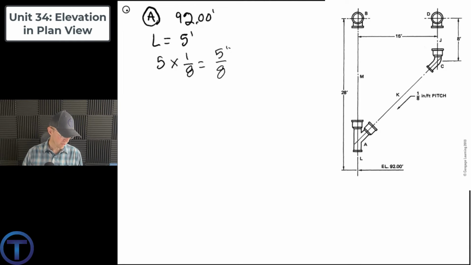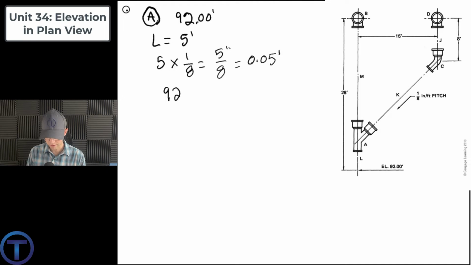Now let's follow the book's method and just say that basically for every 1/8 of an inch, that's going to equal 0.01, but we have 5 of those. When we convert that into decimal feet, we've got 5, basically 0.05 decimal parts of a foot that we're going to add to our elevation.